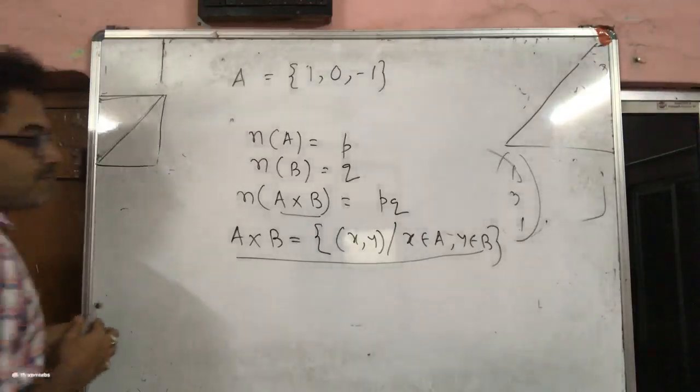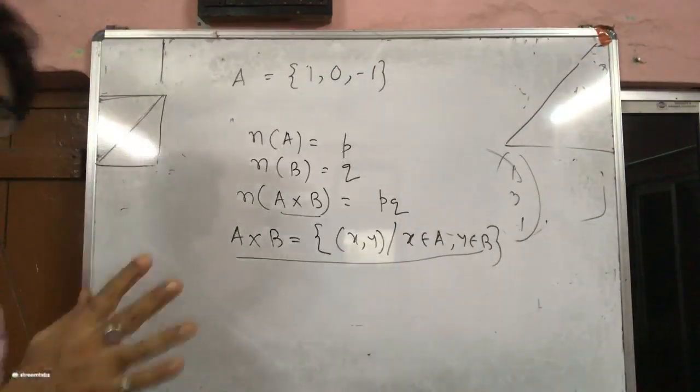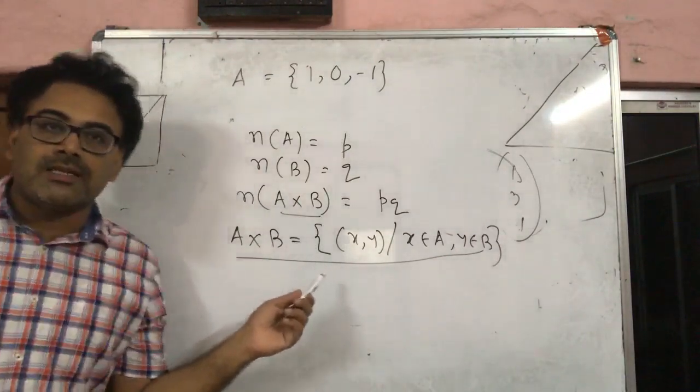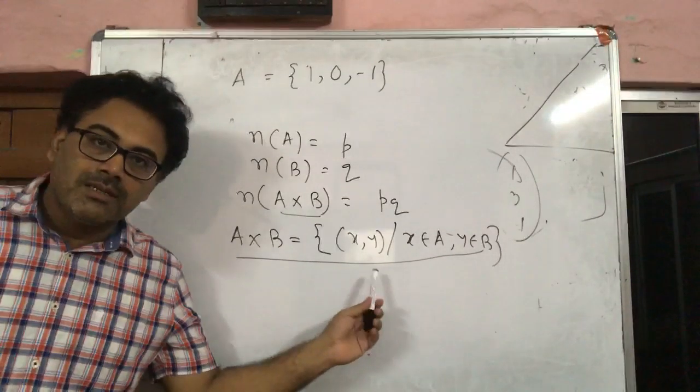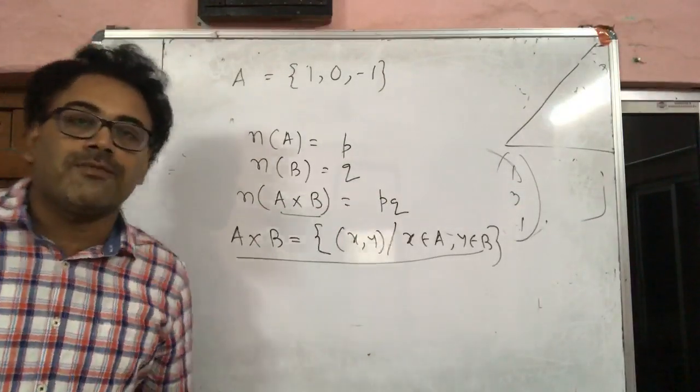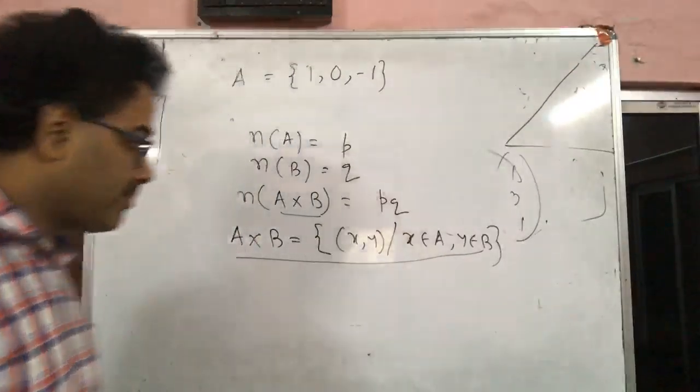Now the most vital part. Have you written it down? A cross B is a collection of ordered pairs whose first element is taken from the first set and the second element is taken from the second set.